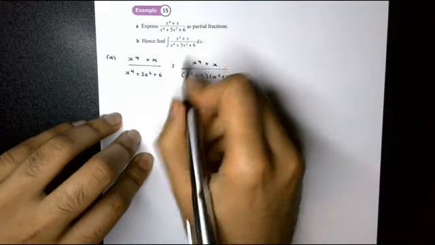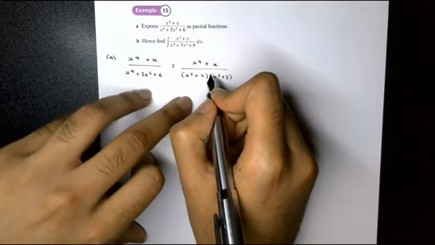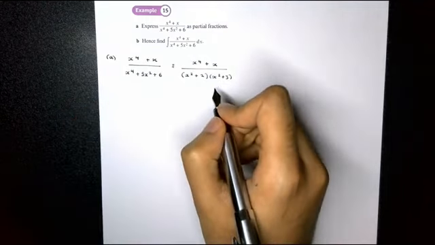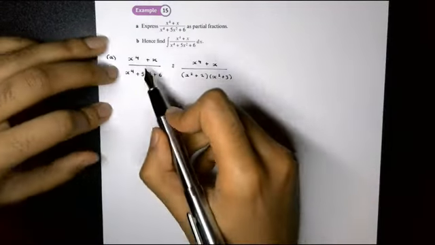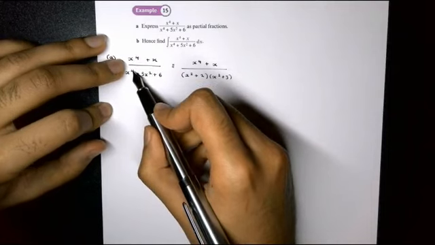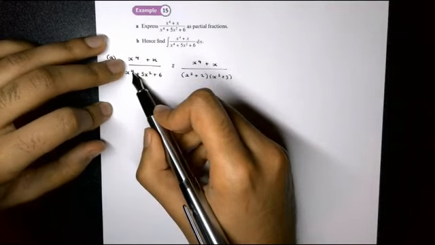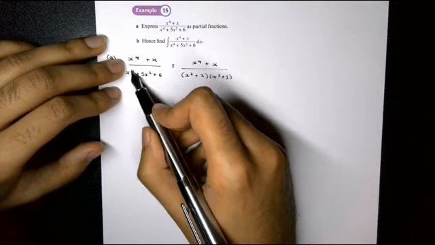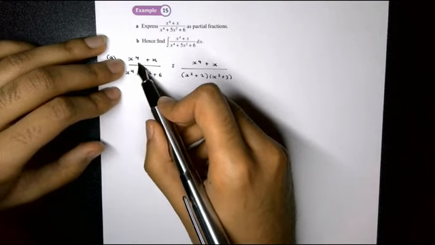Now, if we were to express this as partial fractions, hopefully you can see we have an x to the 4 divided by an x to the 4. So essentially, what we're left with is a constant term.